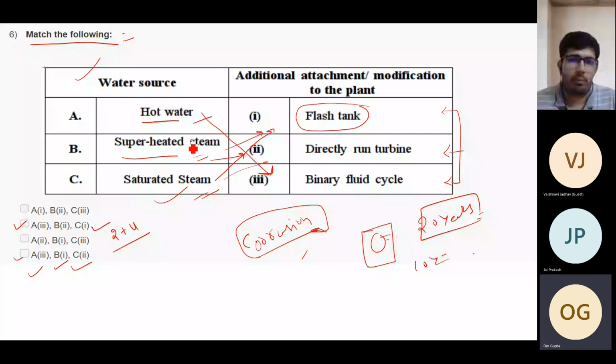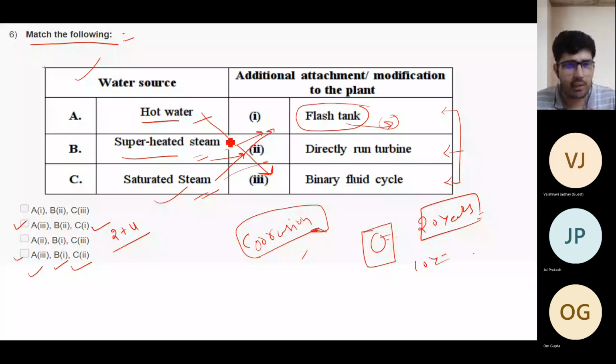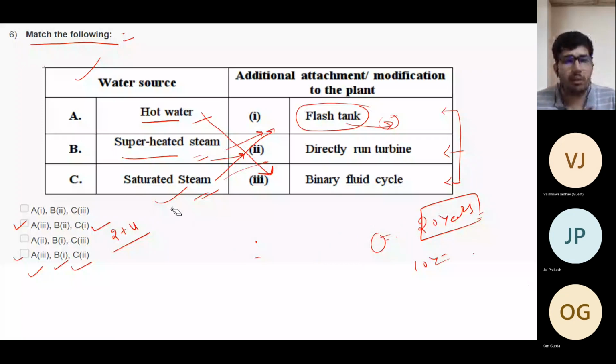We have a solution to handle saturated steam by just putting in a simple flash chamber. Maybe that flash chamber will only cost you 10,000 rupees or 50,000 rupees. So by putting in only 50,000 rupees, you can convert the saturated steam into pure steam without water droplets. Then you can run the turbine.